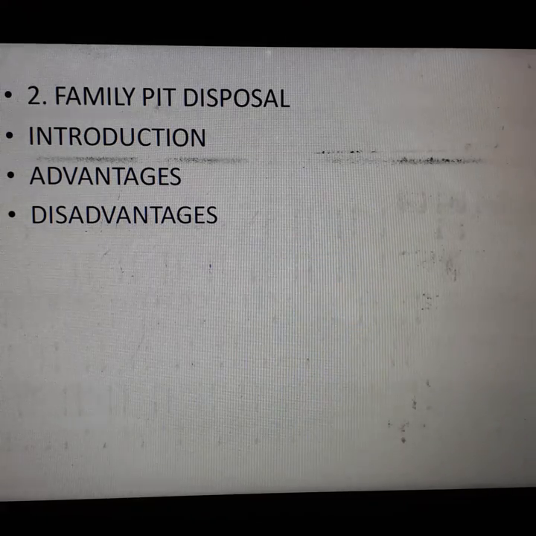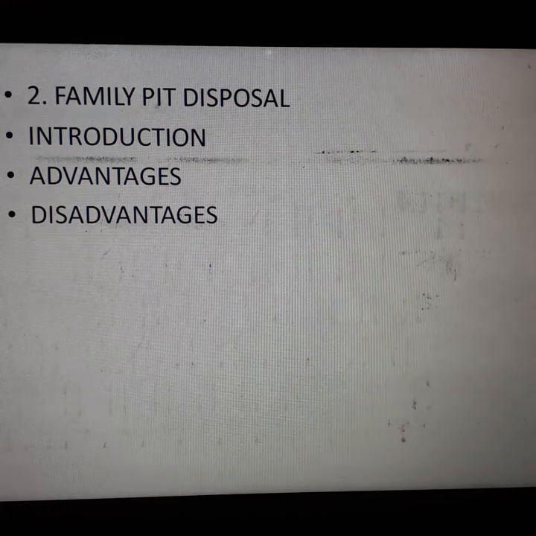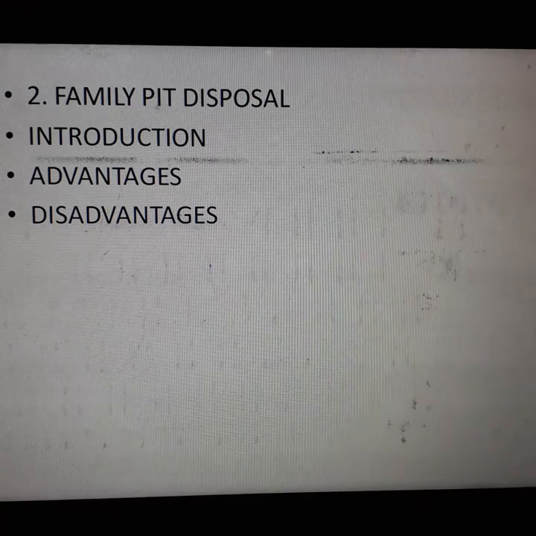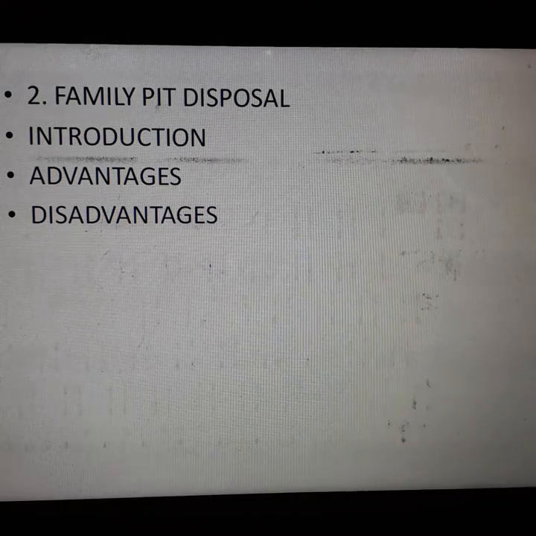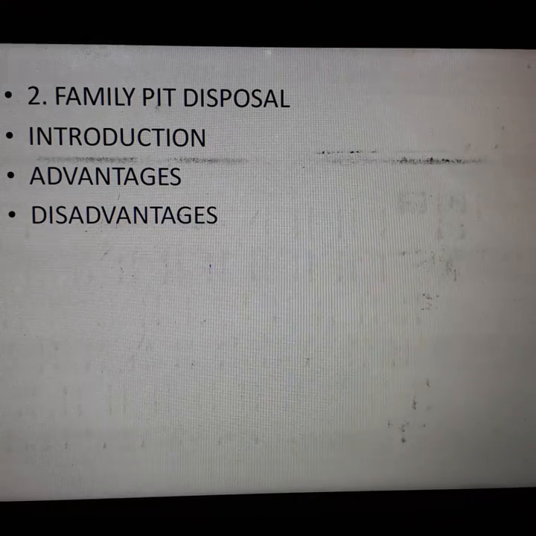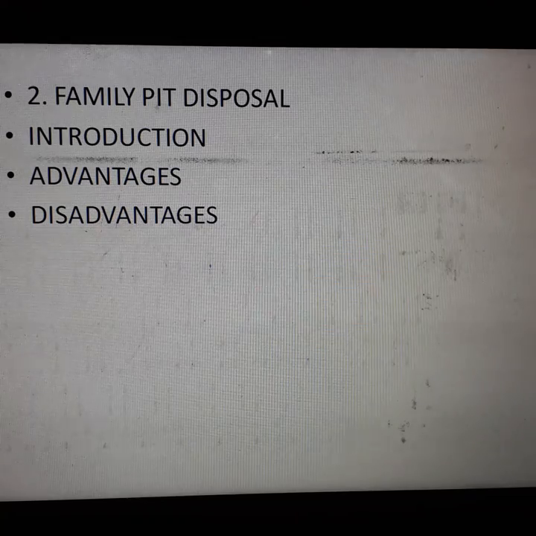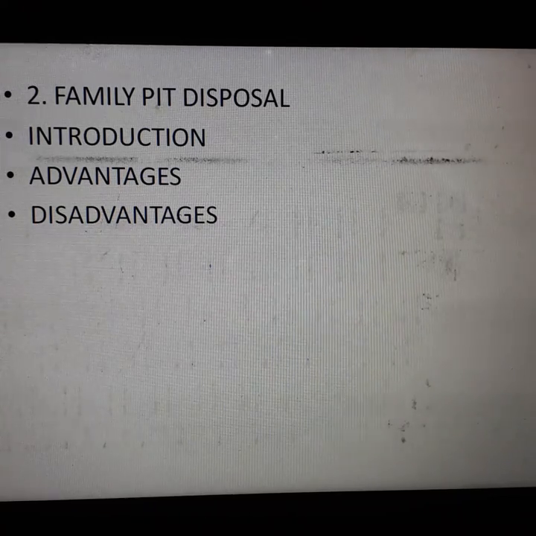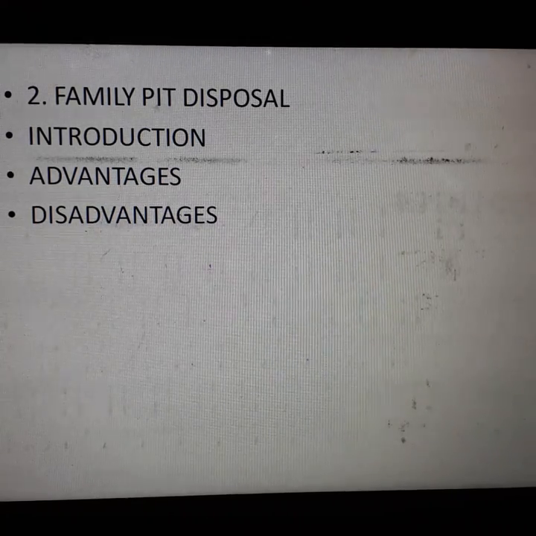The main disadvantage is if it is not utilized in a proper way, it can cause very bad and harmful diseases.